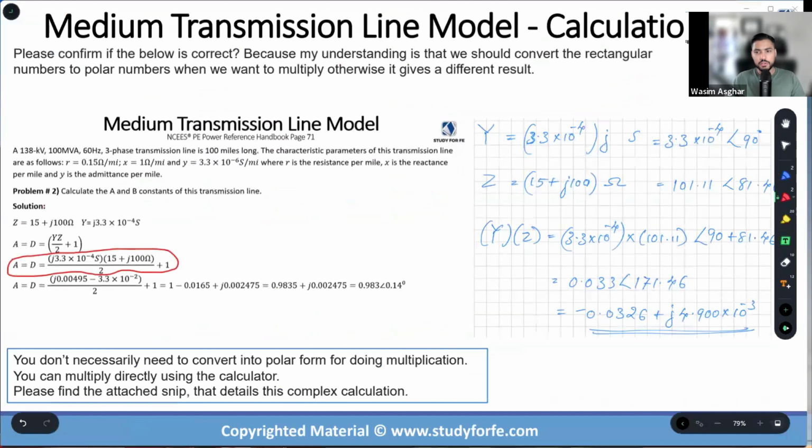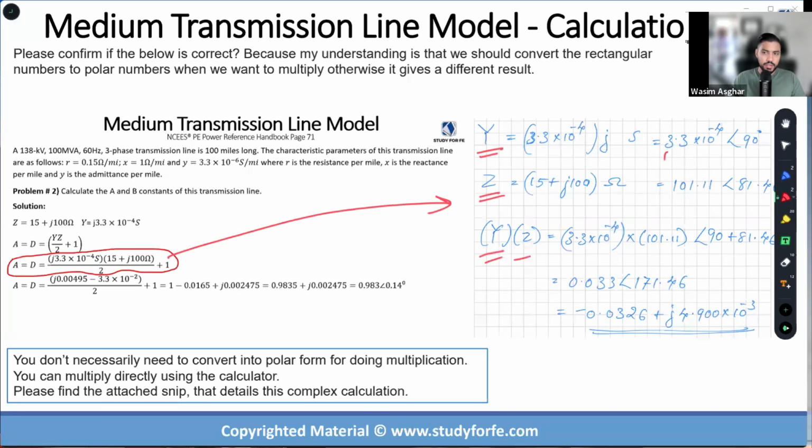So my response to the student was that you can approach this problem in so many different ways, right? This takes purely mathematical form now. We have the capital Y, which is the total admittance, and the total impedance Z. When I multiply these out, you can multiply them by converting them into polar forms, right? So this is the magnitude of Y, this is the magnitude of Z. And when we are multiplying two polar complex numbers together, their phase angles simply add up.